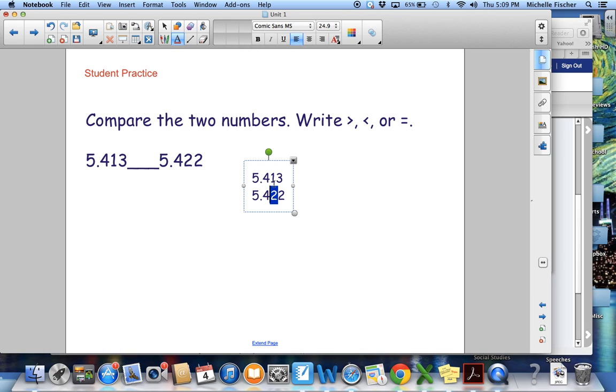And just like in our last one, we have a 2 and a 1 that we're comparing, and we know that 2 is greater than 1, which means we would say 5 and 422 thousandths is greater than 5 and 413 thousandths.